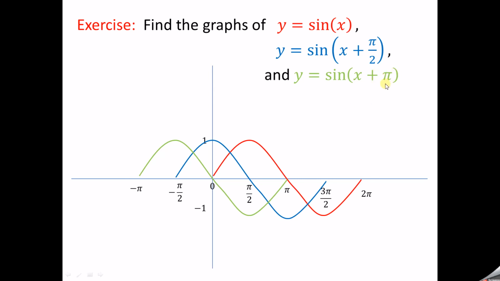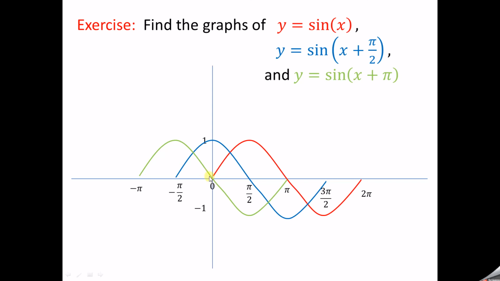Because the phase shift is minus pi, you have to shift this red colored curve a pi distance to the left. You see, this is the green colored curve, which represents y equal to sin of x plus pi, obtained by shifting the red colored curve by a distance of pi to the left.